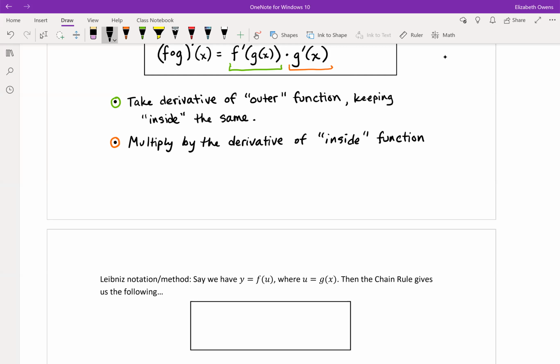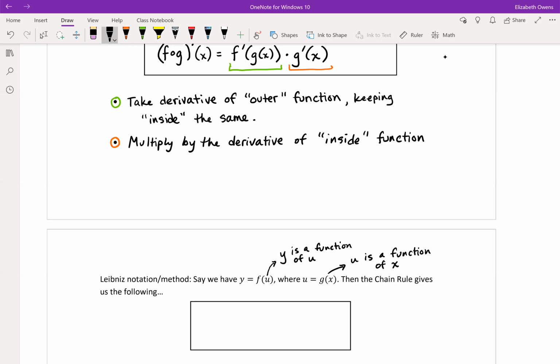Let me write this down here, the whole f of u thing. y is a function of u, but u is a function of x. So it is getting that same type of nested composition effect. y is a function of u is a function of something else.